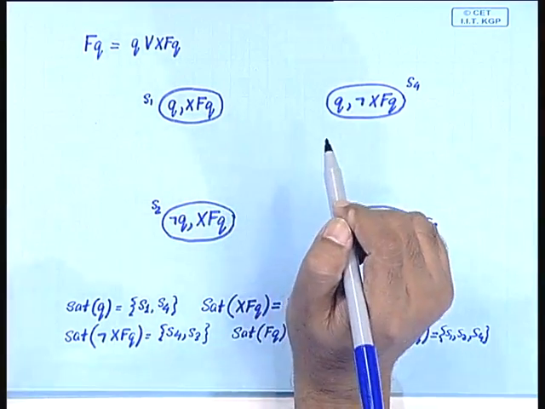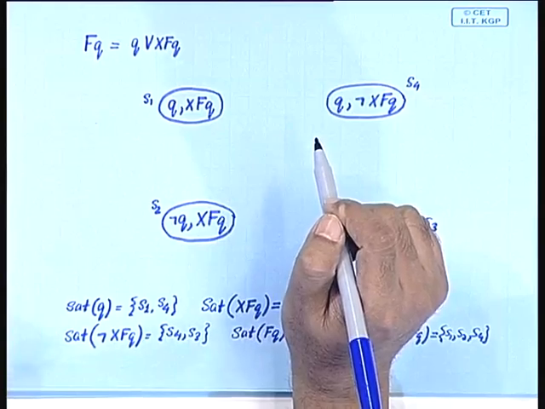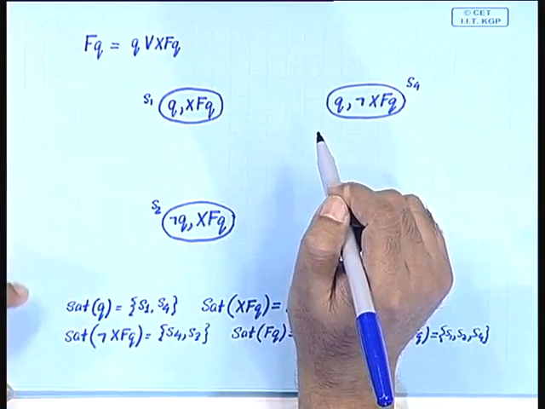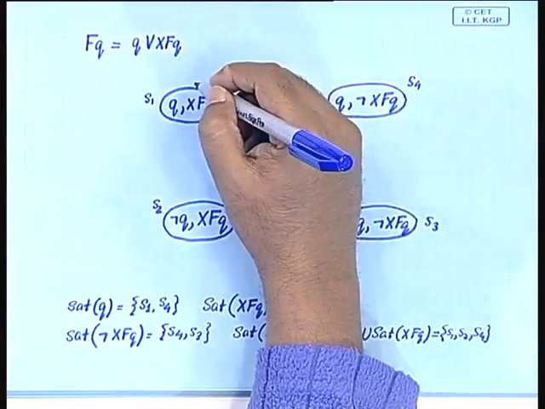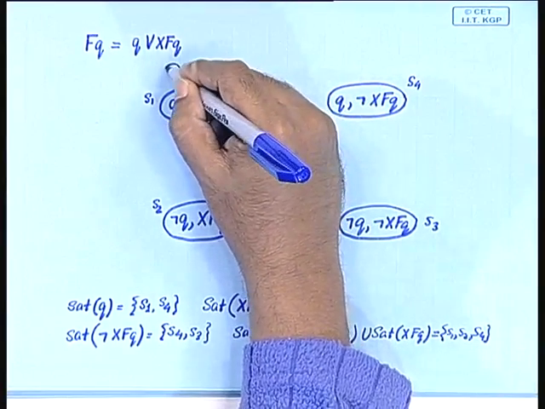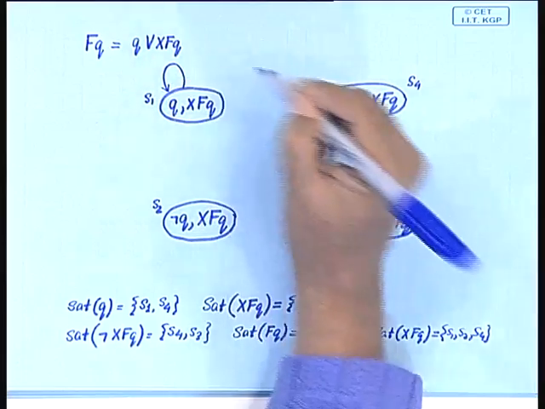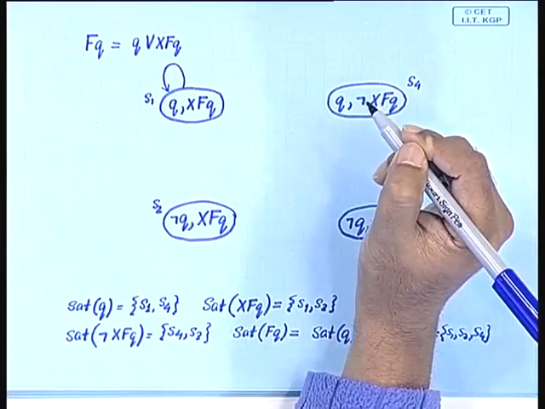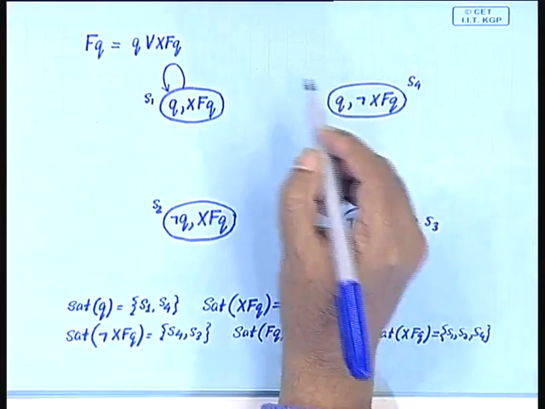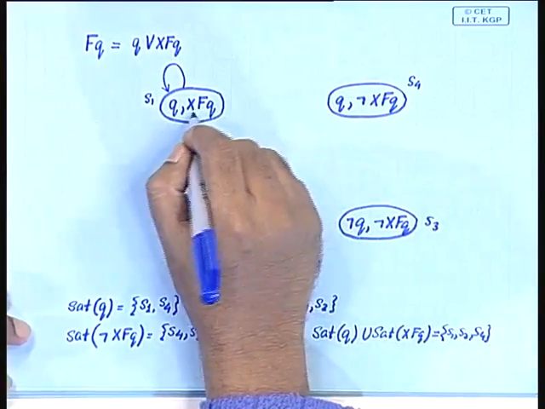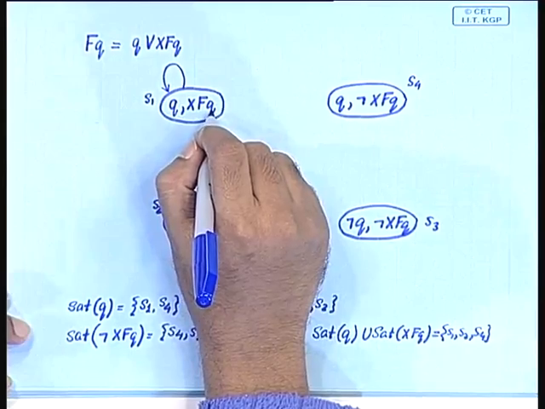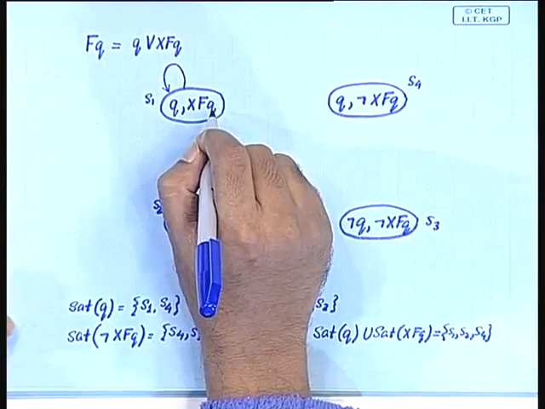Which are the states which satisfy SAT of Q? So, this one, okay, to, okay, see this is XFQ, which are the states which are in SAT of FQ?